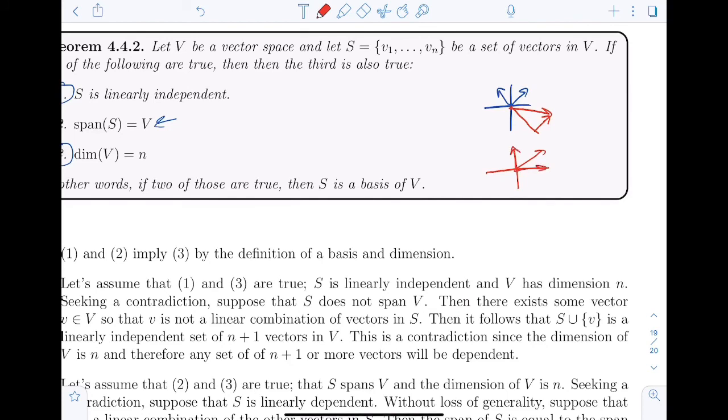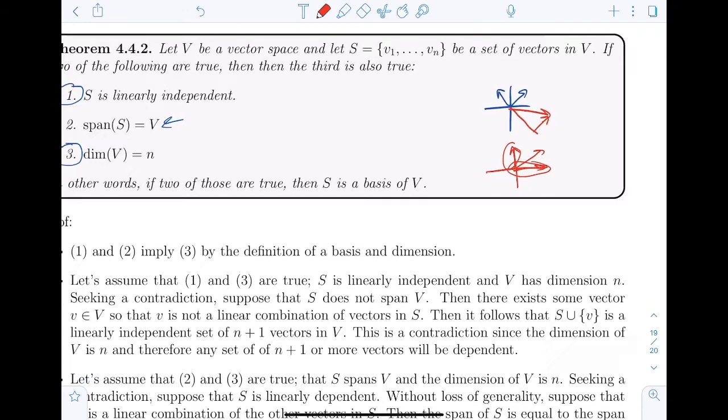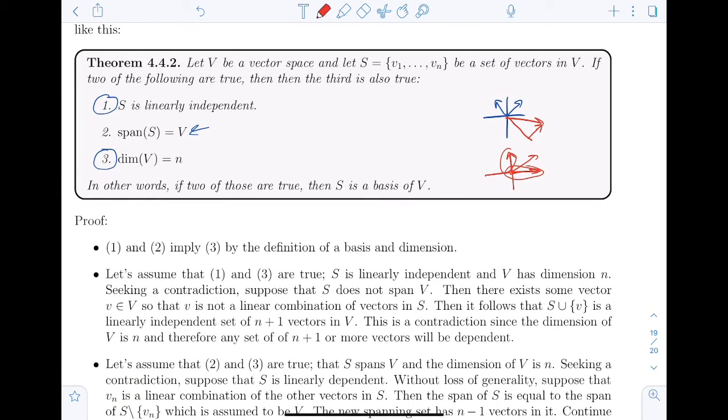There's nothing living in R2 that you can't make out of the i and the j. I just said that backwards, but you get the idea. Okay, there's nothing living in R2 that you can't make out of those. All right, so if I have n linearly independent things in an n-dimensional vector space, it has to span the whole thing because there's no room for anything to get away.